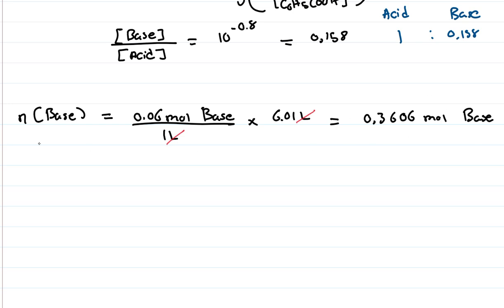Now, since we have the number of moles of the base, we can find the number of moles of the acid by simply using that molar ratio.